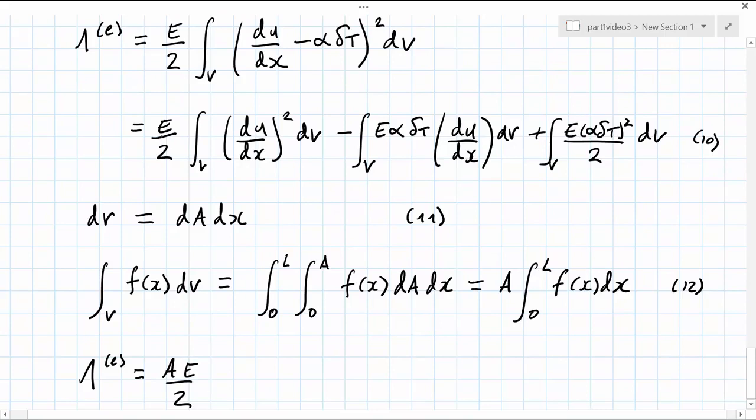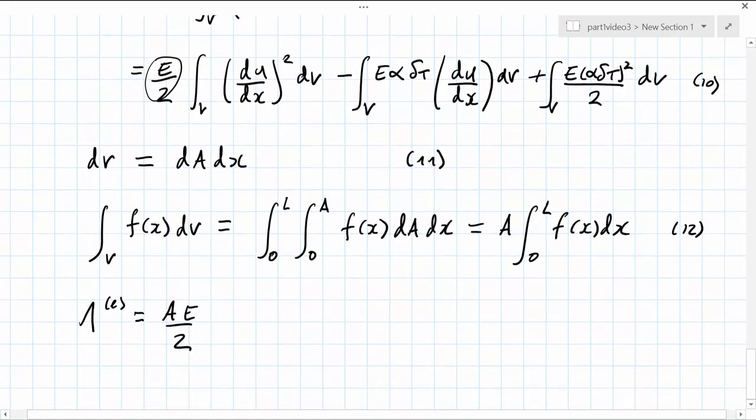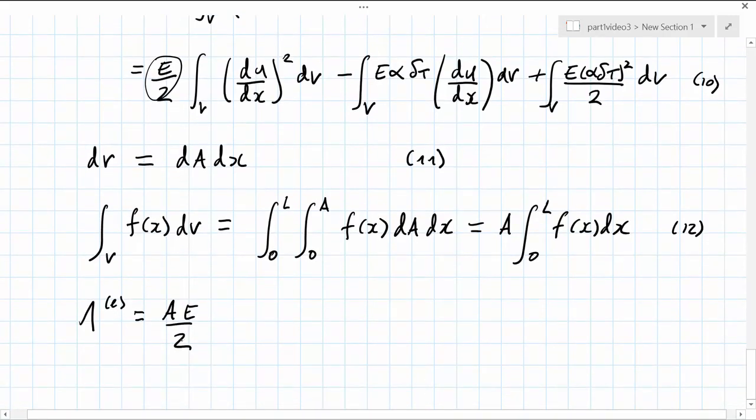Before, it was just the Young's modulus over 2. Now it is the area times the Young's modulus over 2. And we are now replacing the volume integral with an integral over the length. And then we're keeping the other term the same, the strain, but squaring it as before. And we're now integrating with respect to dx.